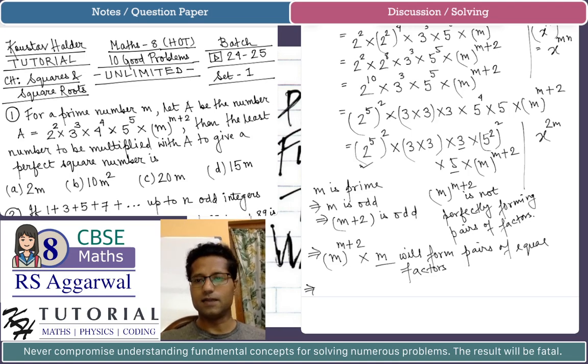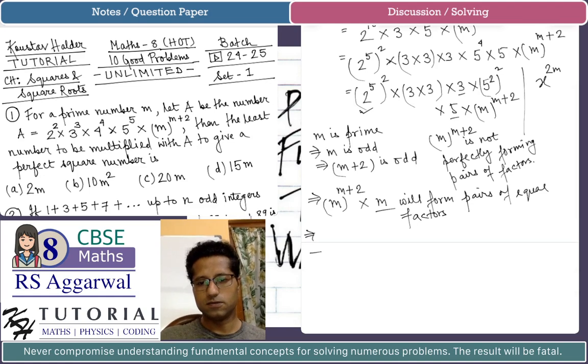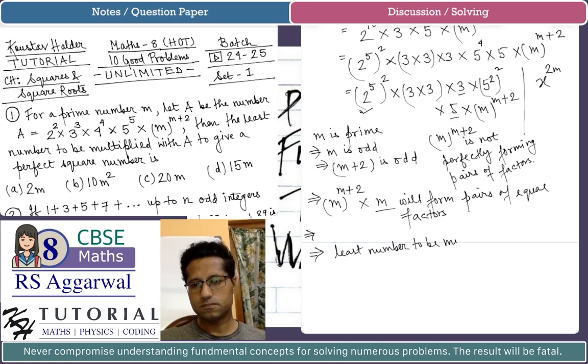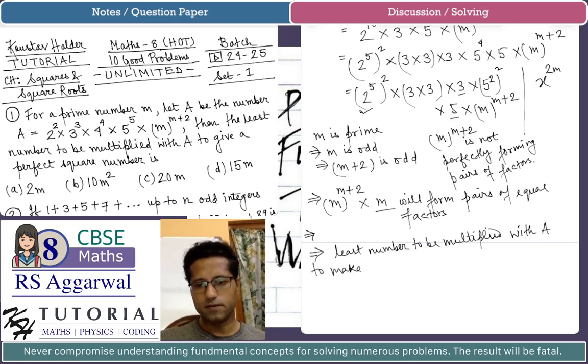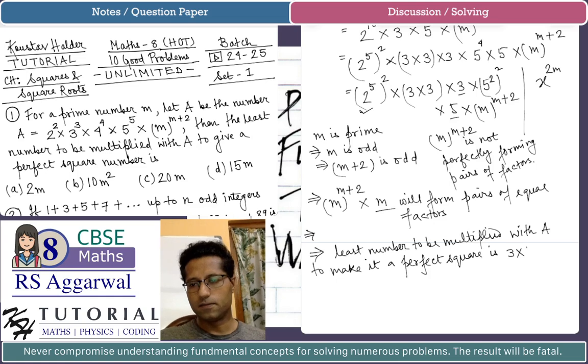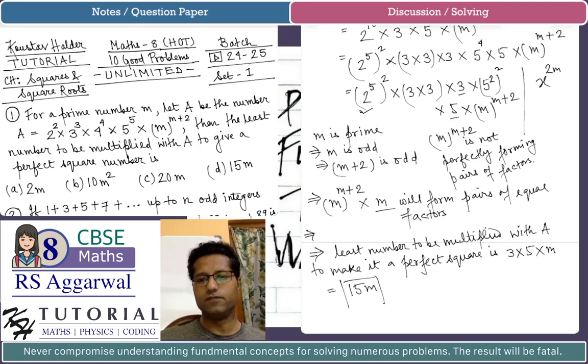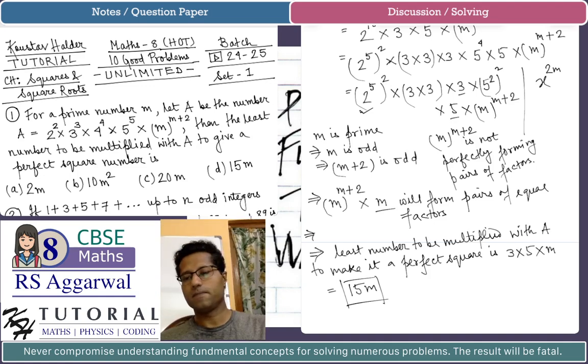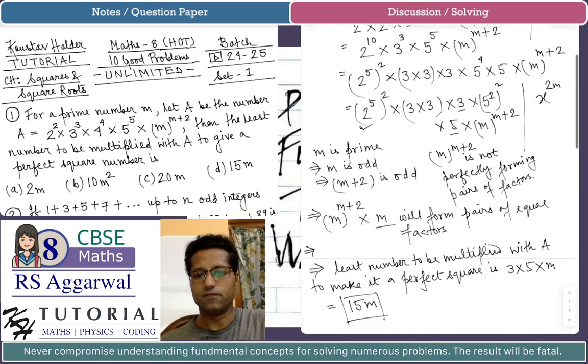So what this implies is that the least number to be multiplied with a to make it a perfect square is 3 multiplied by 5 multiplied by m, which is equal to 15m. So 15m is the least number that needs to be multiplied with a, which will make it a perfect square.